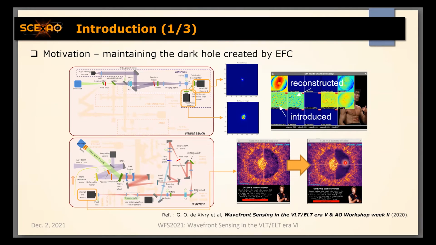This dark hole has about 10 to the minus 7 contrast, which is the deepest contrast ever obtained on the SCExAO bench. I also implemented the linear dark field control to maintain the contrast of the dark hole. However, the LDFC has a very small linear range, so I was trying to find a good way to overcome this limitation of the LDFC.